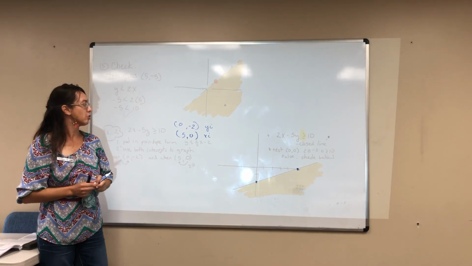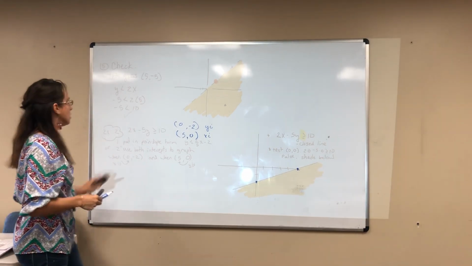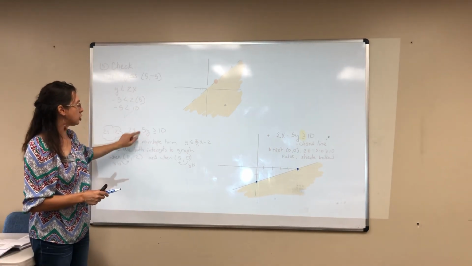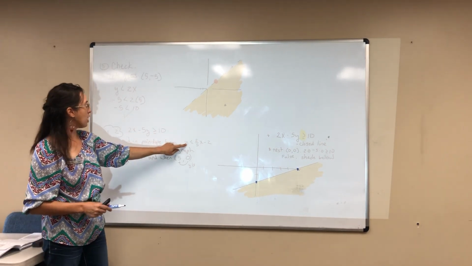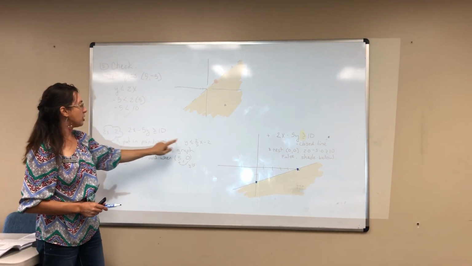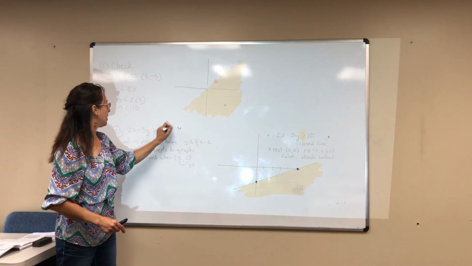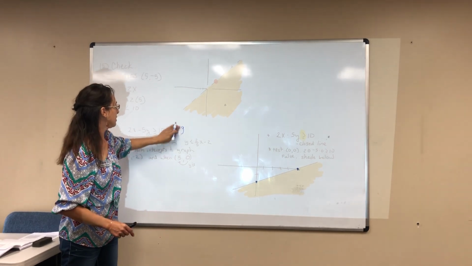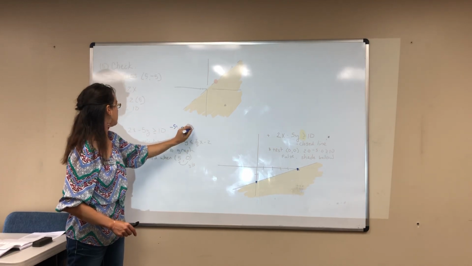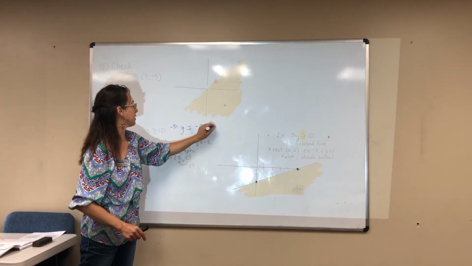We could also change it into slope-intercept form and solve for y. When we solve for y, we move the x over. So I would have -5y is equal to -2x plus 10.